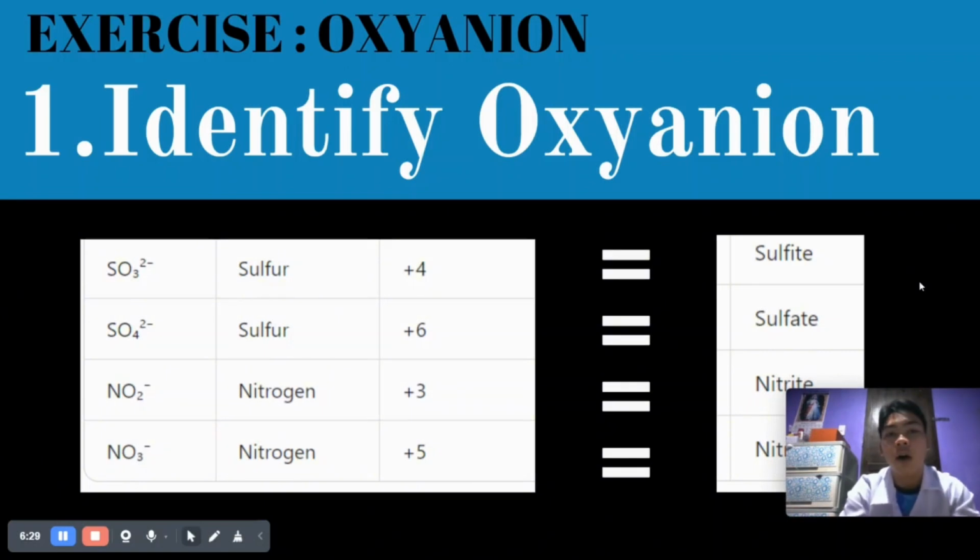SO4 2-, which is higher than SO3, has the +6 oxidation, which is called sulfate. You can see that we just added ITE in the lower and ATE in the highest.